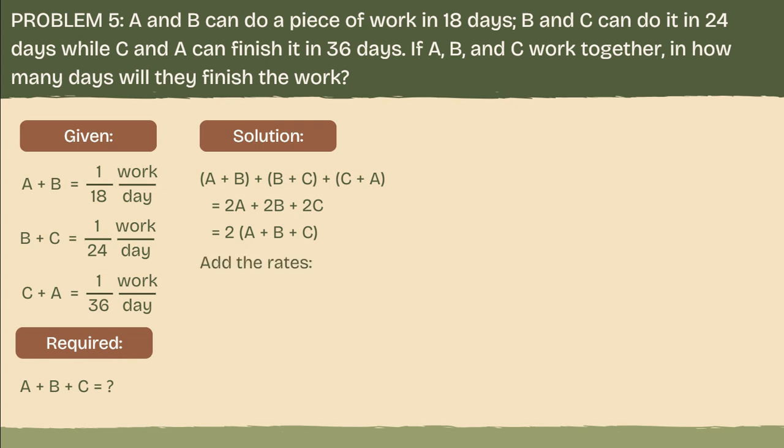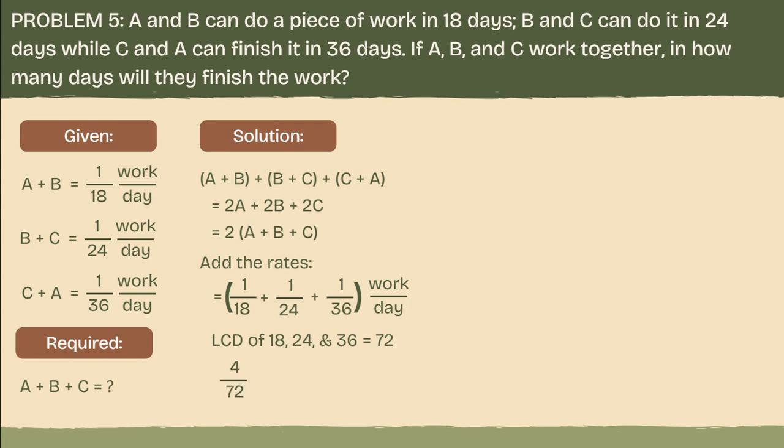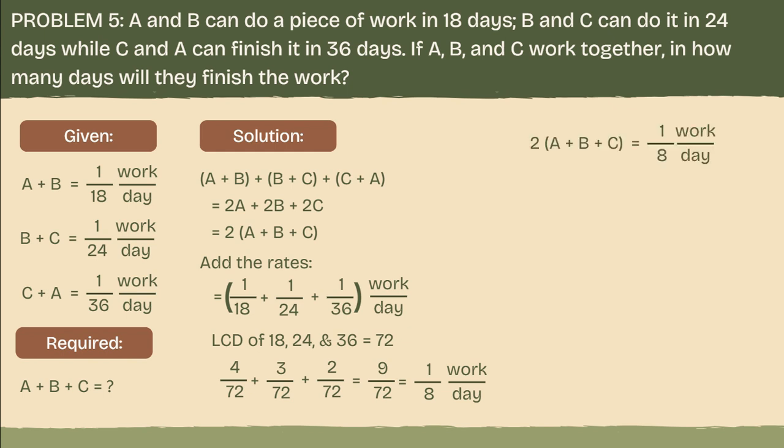Let us add the rates. That's 1 over 18 plus 1 over 24 plus 1 over 36 work per day. Using the common denominator of 72 gives us 4 over 72 plus 3 over 72 plus 2 over 72, which equals 9 over 72 or 1 over 8 work per day. Now remember, 1 over 8 represents twice the rate of A, B, and C together.